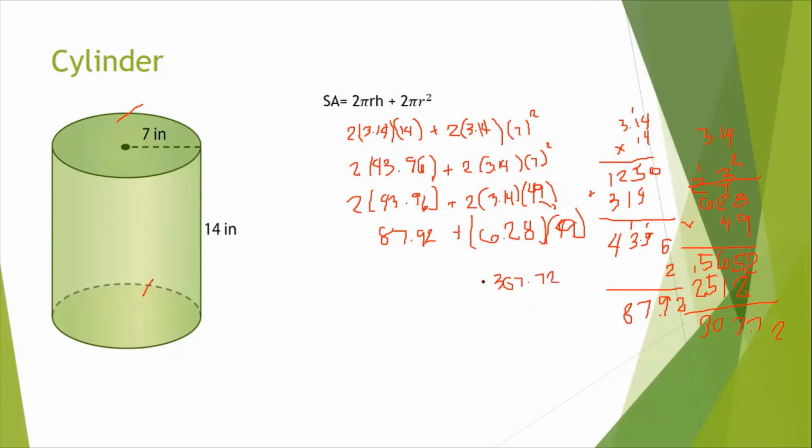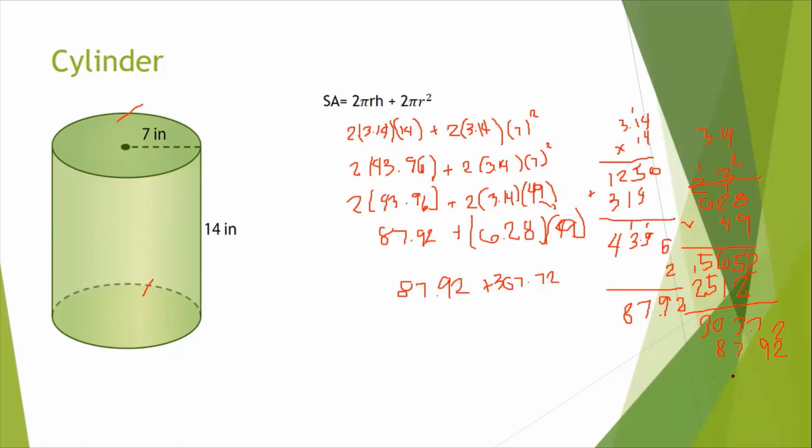So for this one, we have 307.72 plus the area of our surface here, which is 87.92. Okay, so 307 plus 87.92.